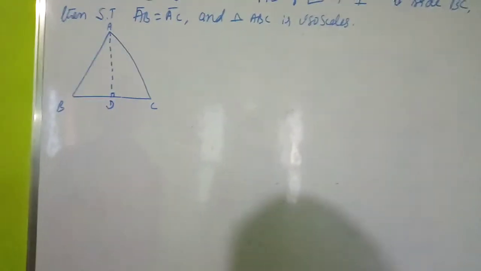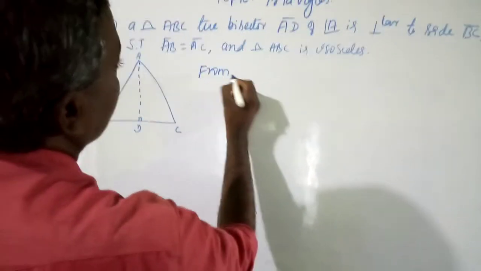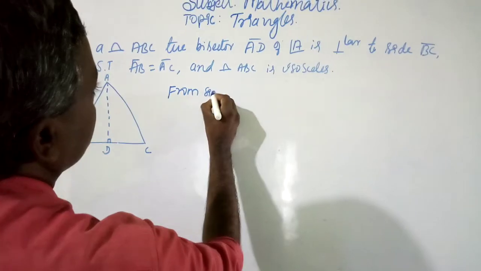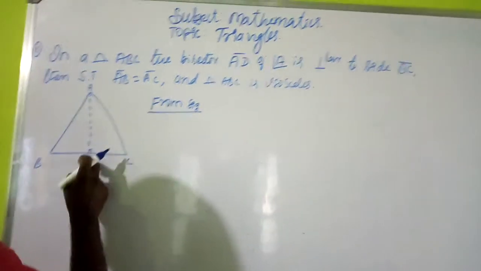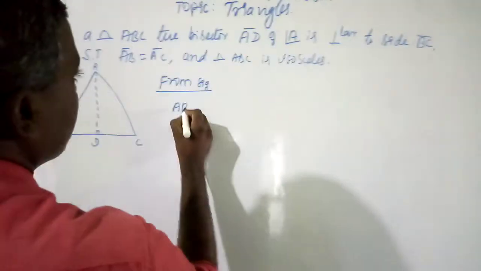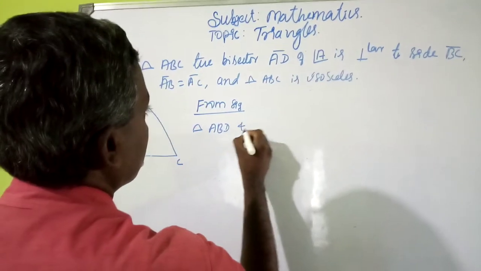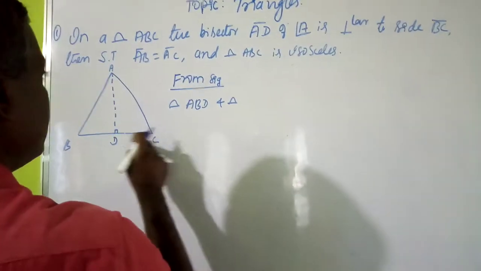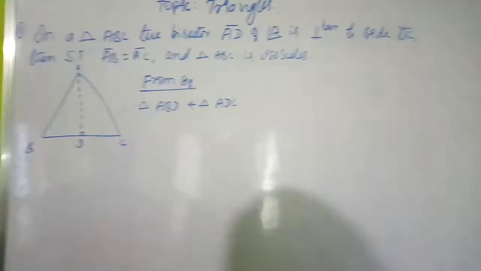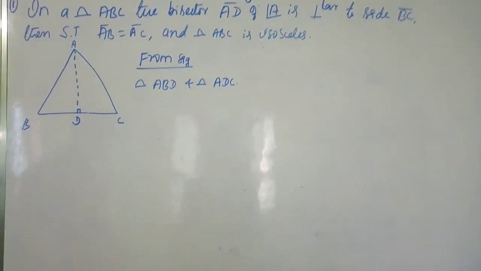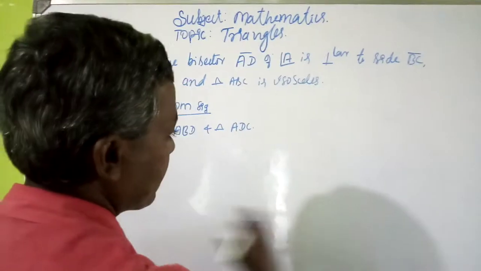Okay, friends. From the figure, triangle ABD and triangle ADC. From this we can take the comparison points.